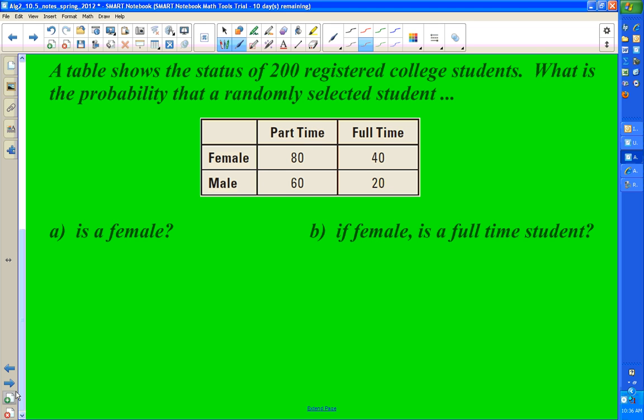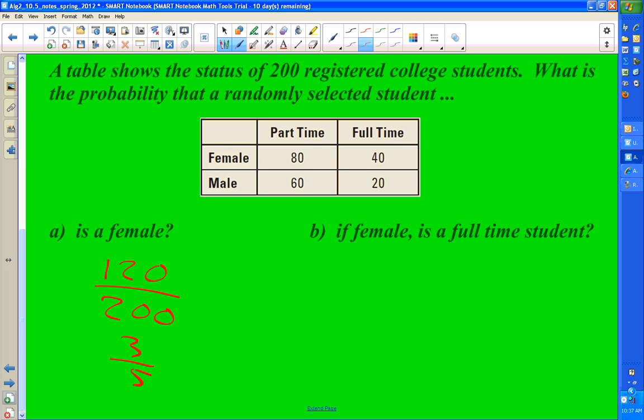You have 120 women, 80 part-time and 40 full-time, out of the total student population of this survey is 200. So 120 out of 200, or what is that, 3 and 5? Okay, so you have a 3 and 5 chance of getting a female.